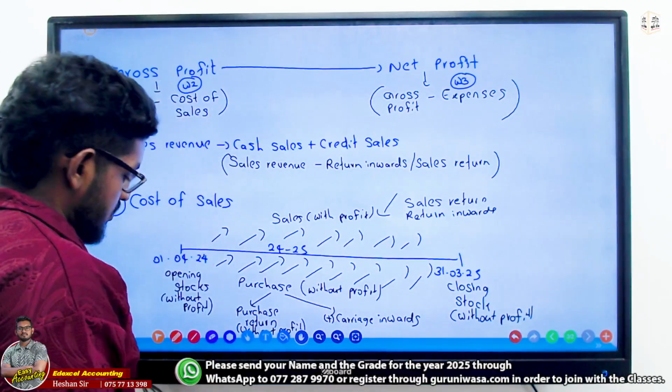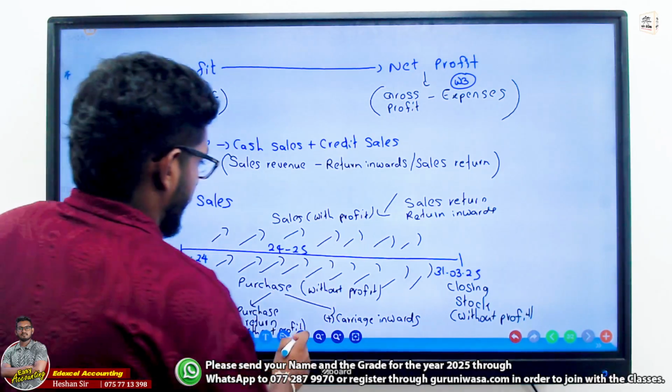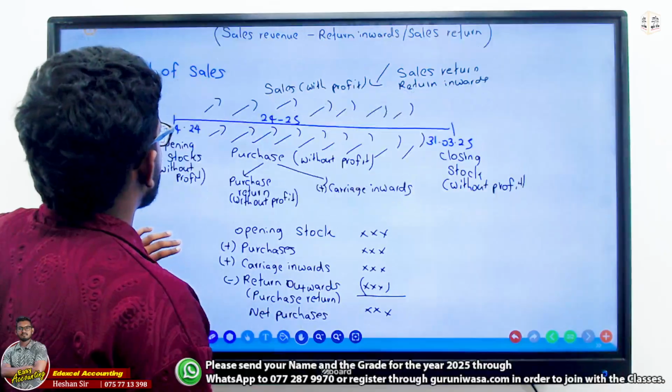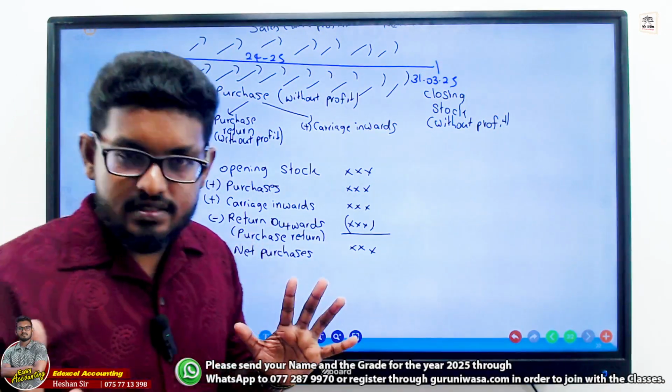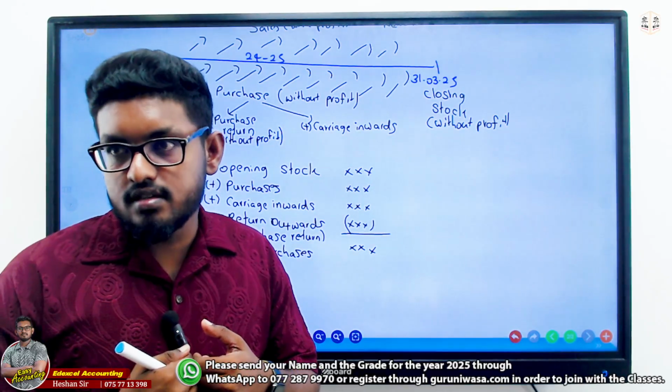Right, so sales. Now our main objective is to calculate the cost of sales. I'll simply tell you: cost of sales means the cost relevant to the sold goods. Understand, right?